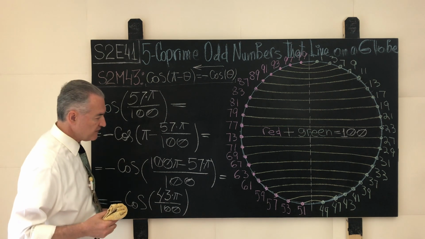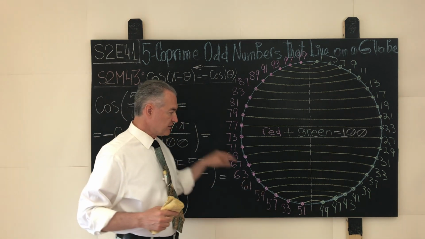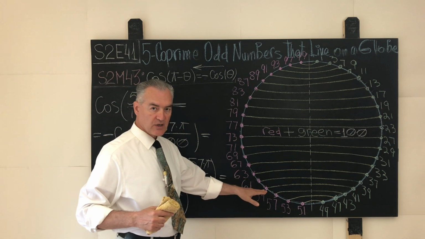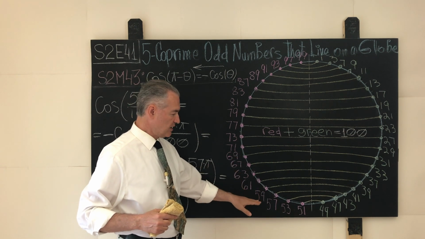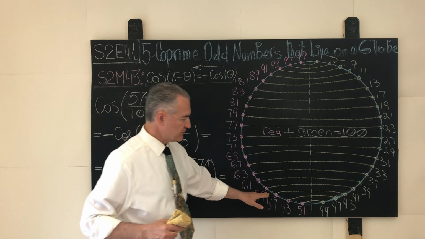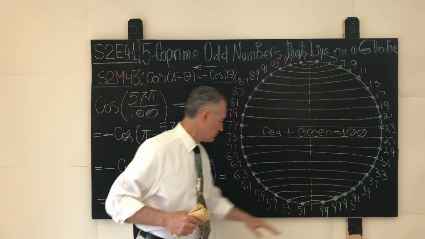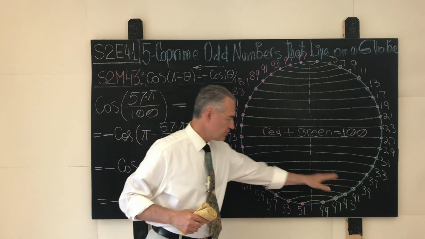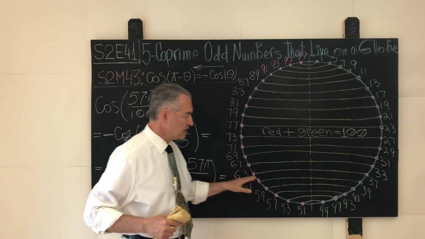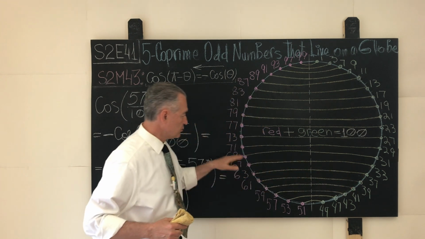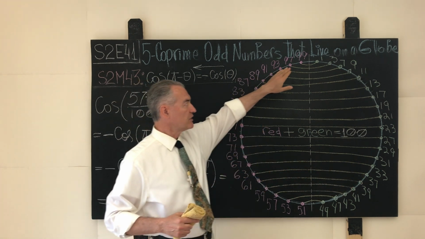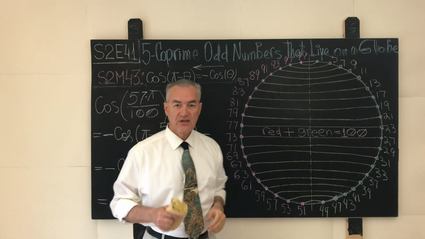In like fashion we keep applying this transformation to all the red numbers that live in the red hemisphere. 59, which has its friend what? 41, 61, 39, 63, 37, and so on, all the way to the last number over here, which is 99.